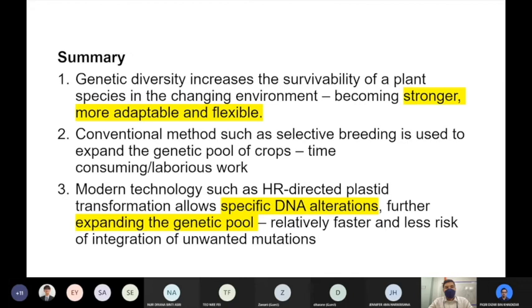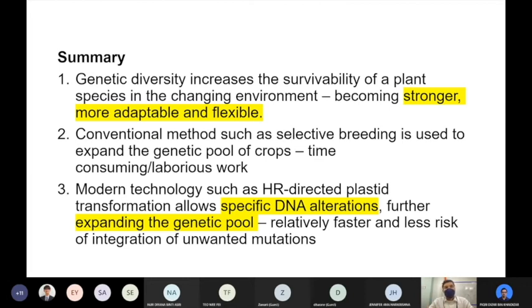Secondly, the conventional methods, such as selective breeding, and not just selective breeding, there are many more conventional techniques, like seed saving, plant hybridization, mutational breeding or variation breeding. All these, the purpose is to increase the genetic pool of crops to try to produce crops that have desirable traits.